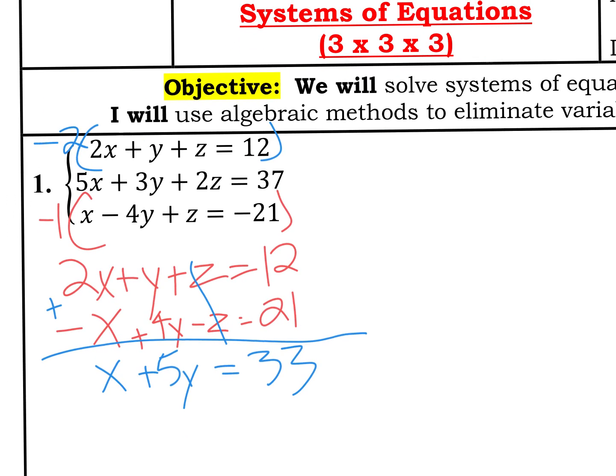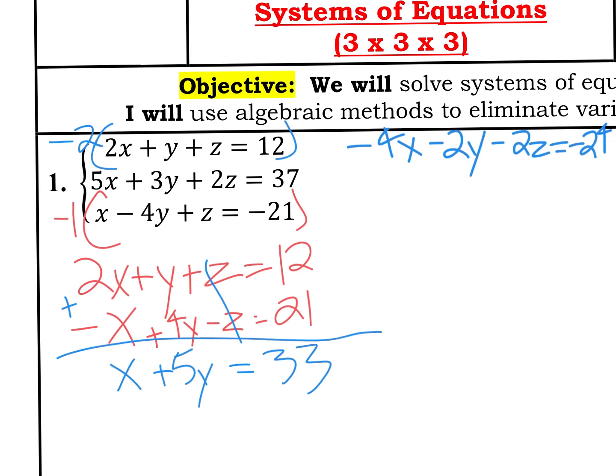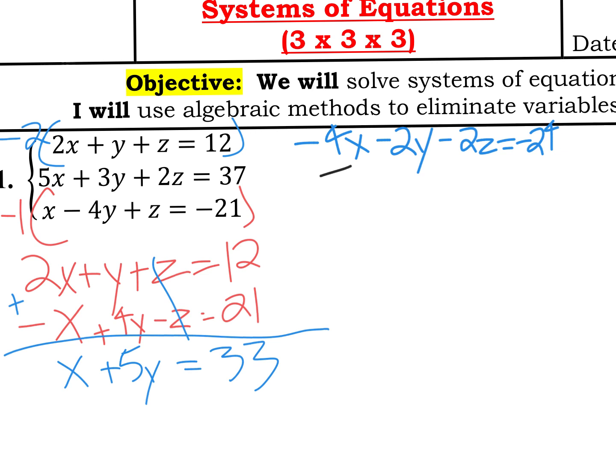So I'm going to have negative 2 times 2x, that's negative 4x. Negative 2 times y, that's negative 2y. Negative 2 times z is negative 2z. And negative 2 times 12 is negative 24. All right, then I'm just going to copy down that middle equation as it was written. 5x plus 3y plus 2z equals 37.